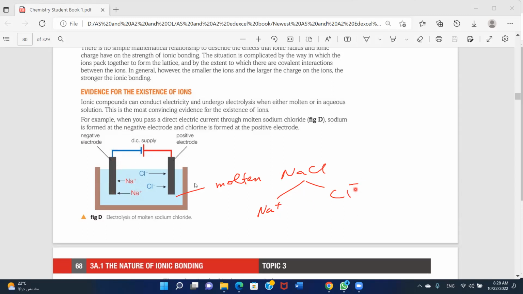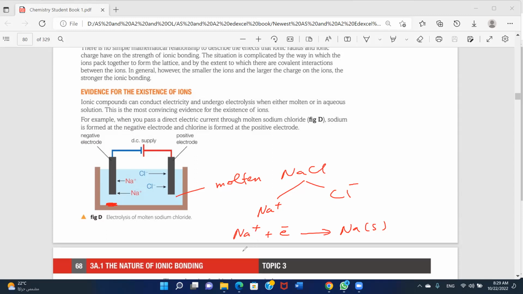And the chloride ion will be attracted towards the positive electrode, which is connected to the positive pole of a direct current supply. And we will see that sodium ions, when they reach the negative electrode, will gain an electron and form sodium metal. And so we will see that sodium metal, in the molten state, will be deposited here on the negative electrode.